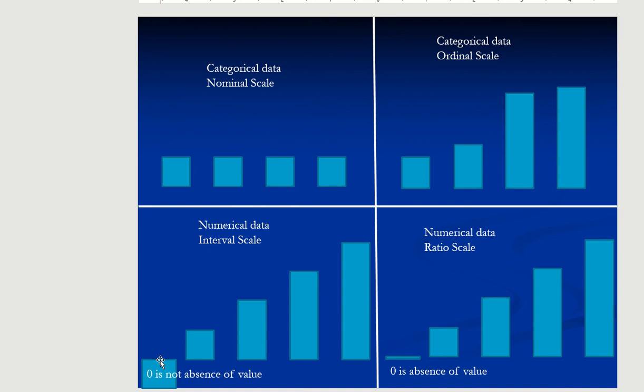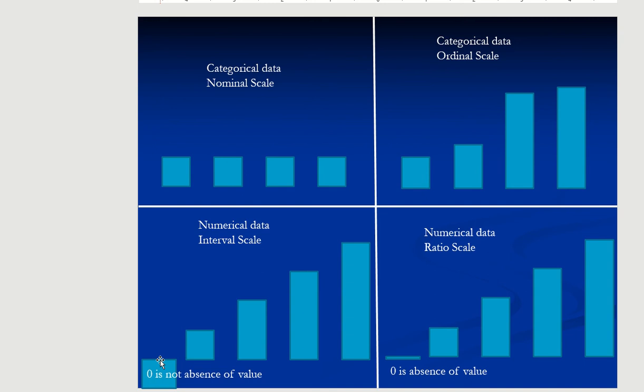When you measure a temperature of 0 Celsius, it is not the absence of temperature. In fact, at 0 Celsius, there is a lot of temperature, but people have decided to call the temperature of freezing water 0. At 0 temperature, there is still a lot of temperature, because absence of temperature is where the molecules stop vibrating, and I think this is around minus 273 Celsius. Okay? So 0 Celsius is not absence of temperature.